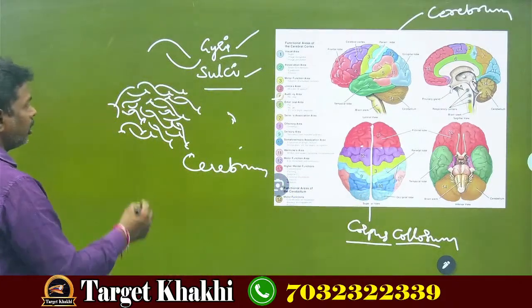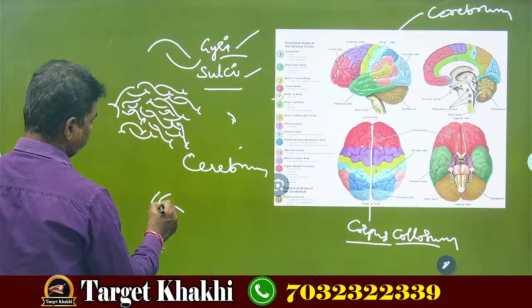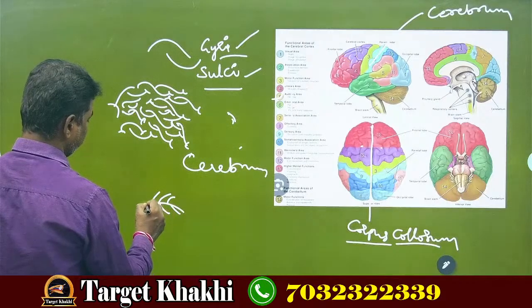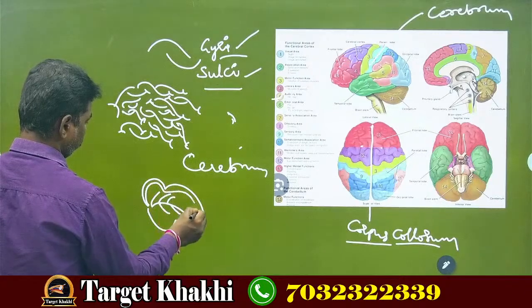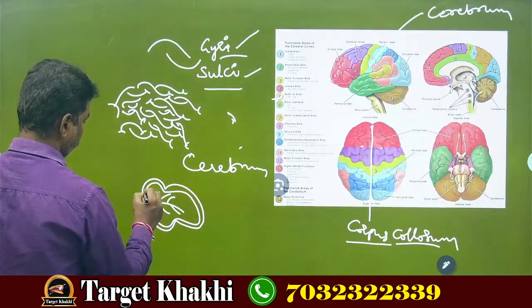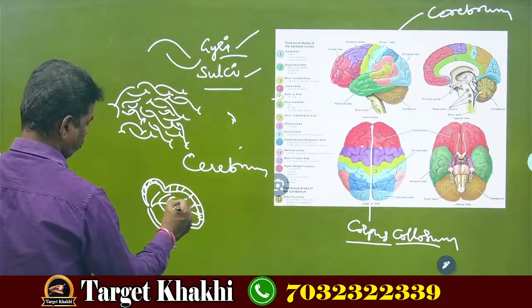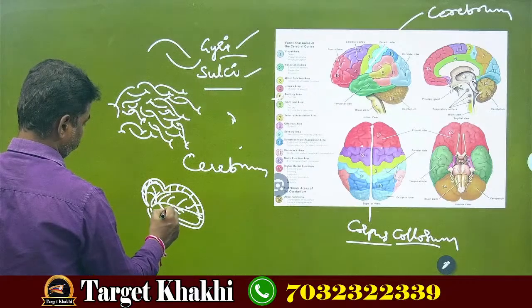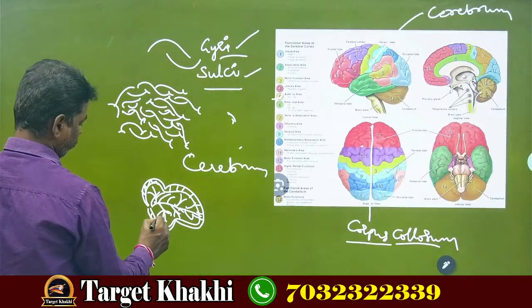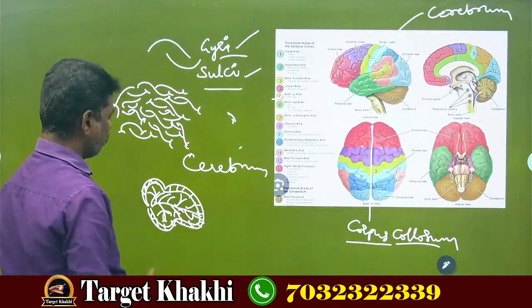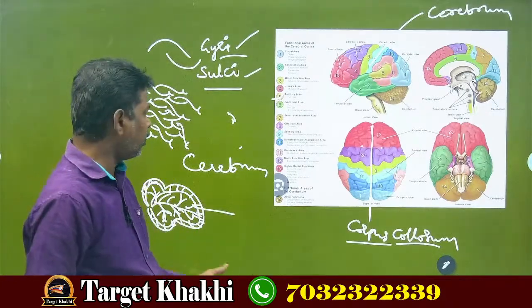The smallest part of the brain is called the cerebellum.